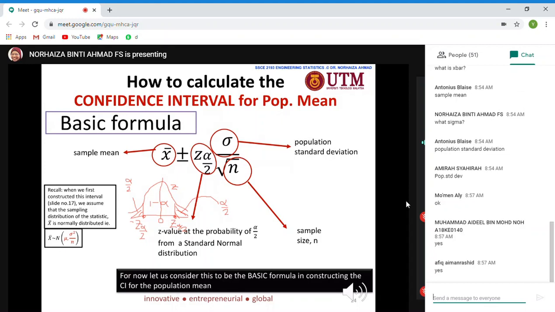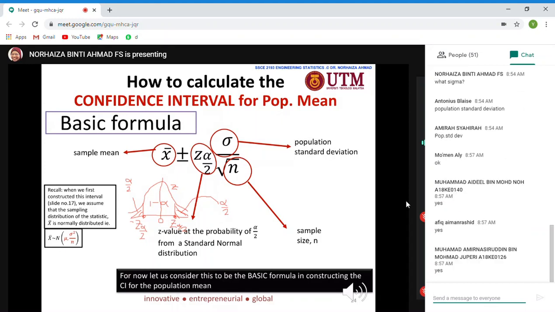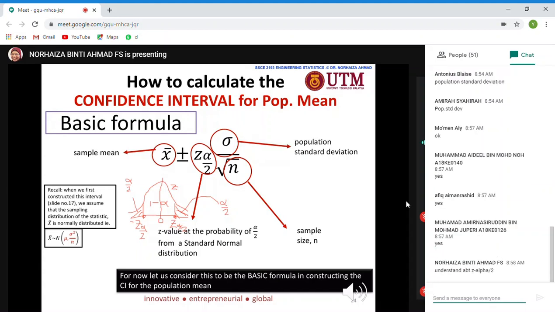Z alpha over 2. Okay? So you need to understand that when you talk about a confidence interval, you're talking about this area here, the area of probability. So 1 minus alpha.